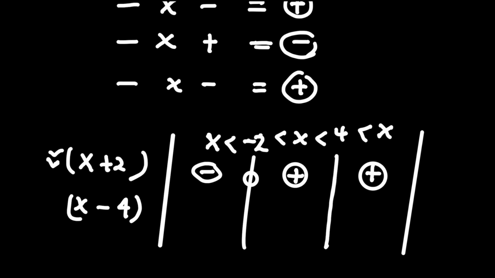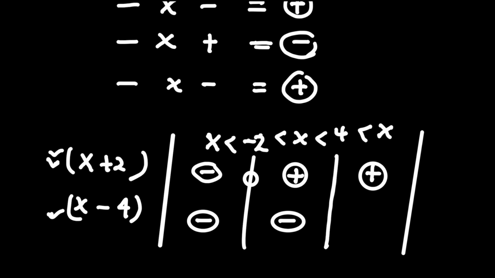Okay, guys. Then let's come now to this bracket, x minus 4. Any value of x less than minus 2, let's say minus 100, then you're going to get a negative value. Any value of x between 4 and minus 2, let's say minus 1: minus 1 minus 4, you're going to get a negative value still.